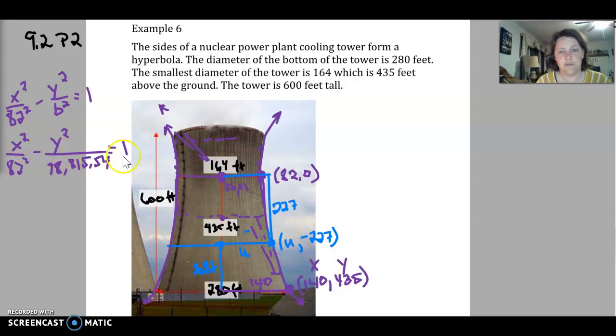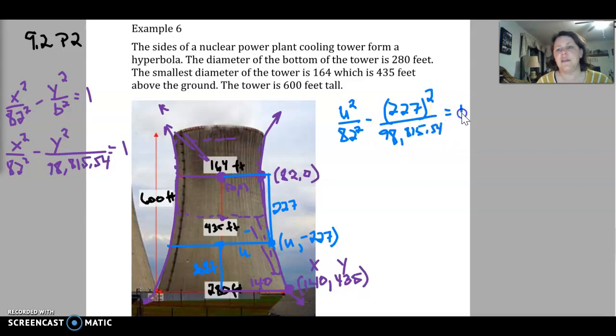We're going to plug in a u for x. So we've got u squared over 82 squared minus, not y, we're going to plug in 227 for that, 227 squared over 98,815.54, and that's equal to 1. Then we're going to multiply everything by the least common denominator, which is 82 squared times 98,815.54.